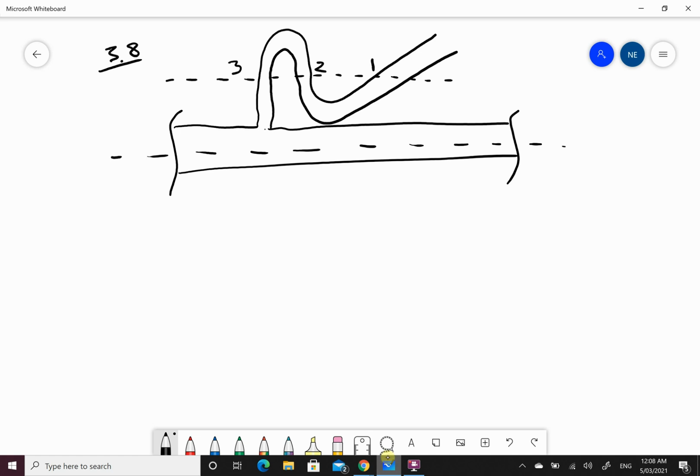Alright. What else do I have? Here to here, this should be my H. This here is at 30 degrees. And I know that the fluid in this point, from here to here, my X is 135 millimeters.